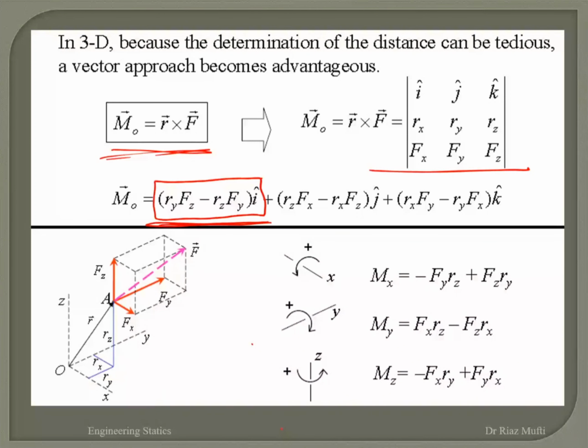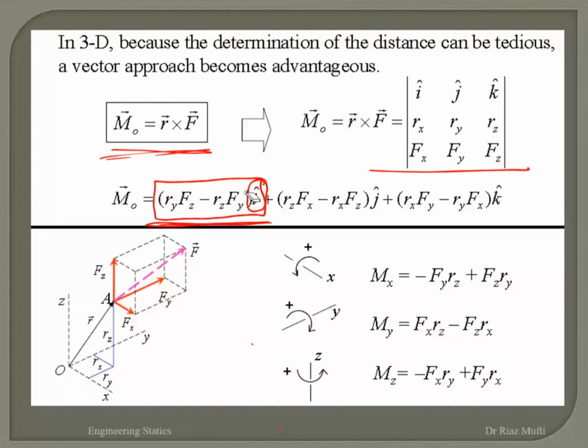This is related to my x-axis. So where's my x-axis? That's my x-axis here. So it means all the forces which are trying to rotate the object about my x-axis, my center of rotation is the x-axis.